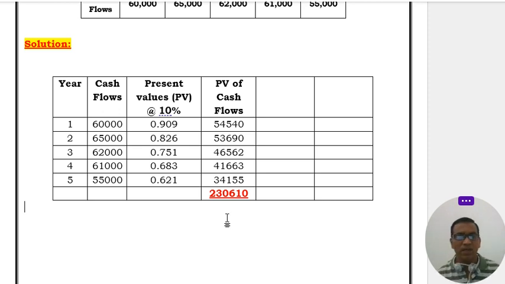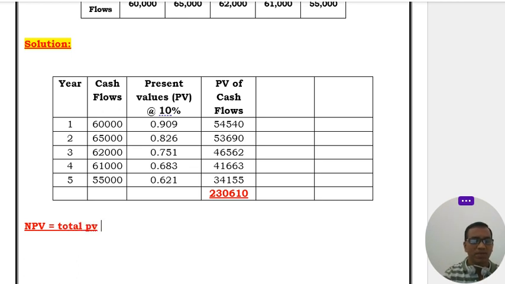Now I will substitute and find out the value of NPV. What is the formula for NPV? NPV is equal to total PV of cash flow minus total PV of cash outflow.